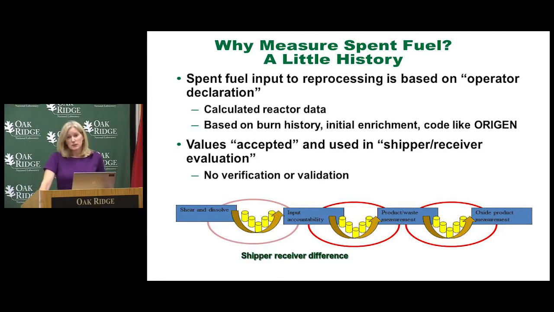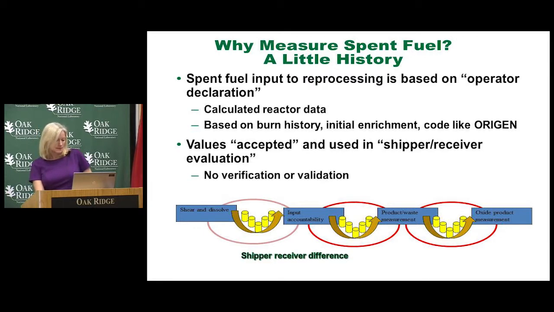So these values have always been accepted and used as a shipper-receiver evaluation. In other words, we look at what the shipper declared and what the receiver at the reprocessing facility measures, and determine that the shipper declarations were accurate. There was really no verification or validation of the shipper's declaration as far as the IAEA was concerned, as long as it was within a certain quantity.